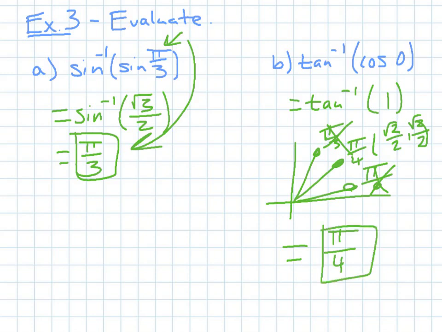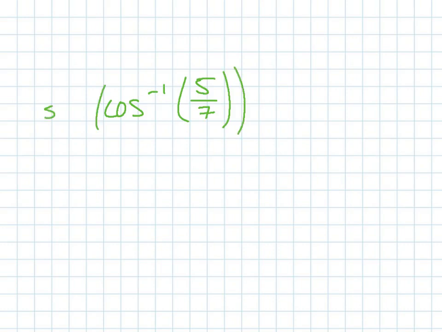Okay. Now, something else I would like to just go over real quick. It wasn't one of my examples, but since I got plenty of time, let's say they give you the inverse cosine of 5/7, and then also ask what's the sine of that.